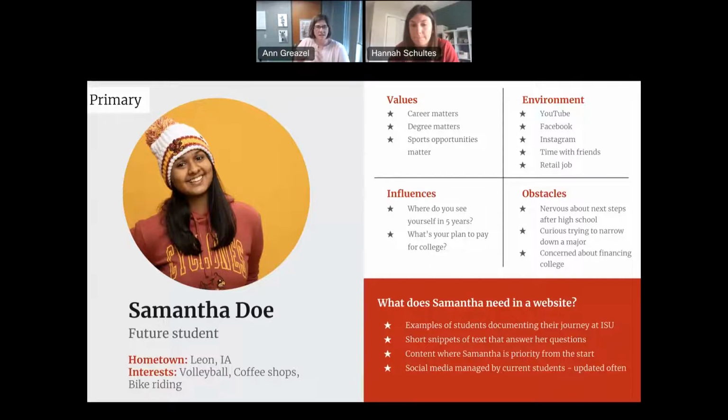The content that is written should be written for her and in regards to this empathy map and what's important to her. And she wants to see social media that's written by students and kept updated by students. Students can tell very quickly if social media isn't being updated by someone like them.